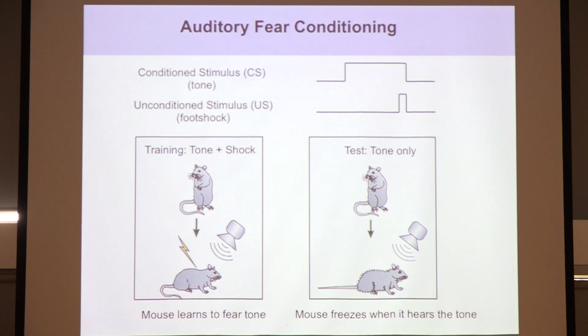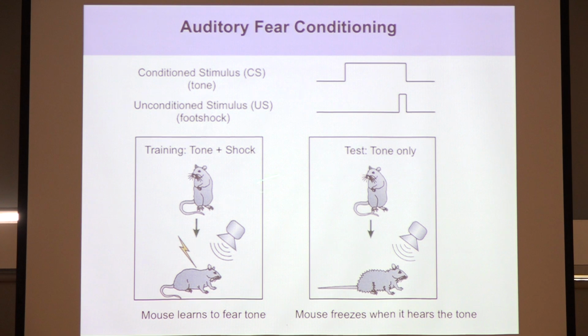And as I said just before, we are using a really simple behavioral model, which is auditory fear conditioning. For those who are not familiar with this, it's a simple model in which an animal is presented with a conditioned stimulus like a tone that is repeatedly associated with an unconditioned stimulus like a foot shock. After this, the animal learns that the sound predicts the foot shock.